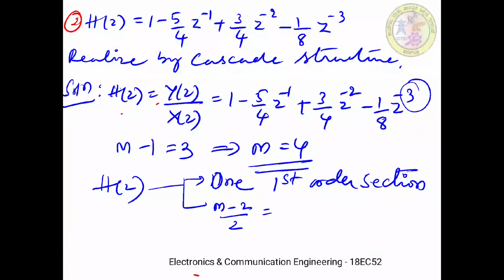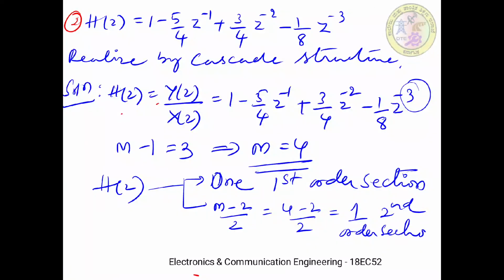In this case m is 4, so 4 minus 2 by 2 is 2 by 2, that is 1. So it will have one second order section. The number of second order sections may vary depending on the m value, but as m is equal to 4 in this problem, m minus 2 by 2 is 1. Therefore for the given problem we have one first order section and one second order section.